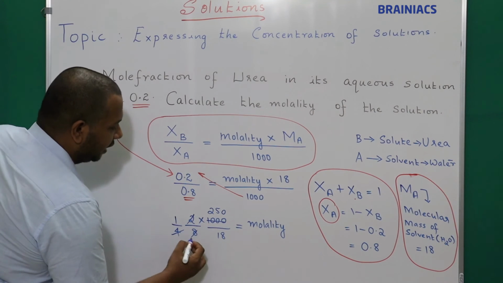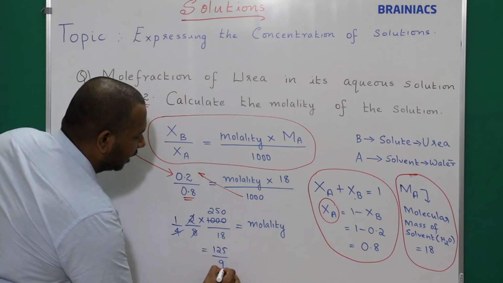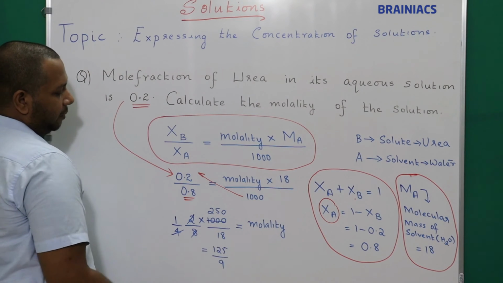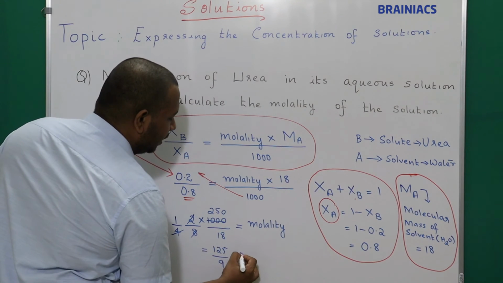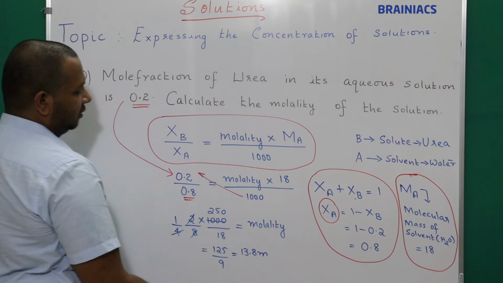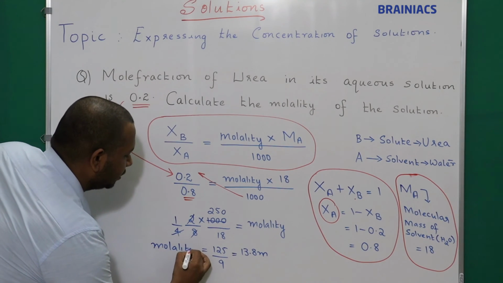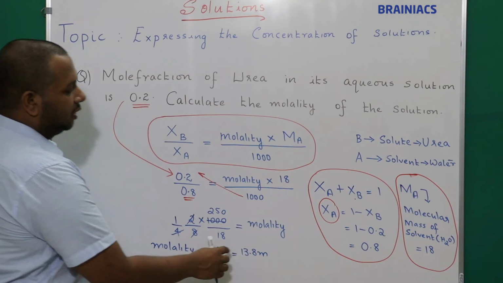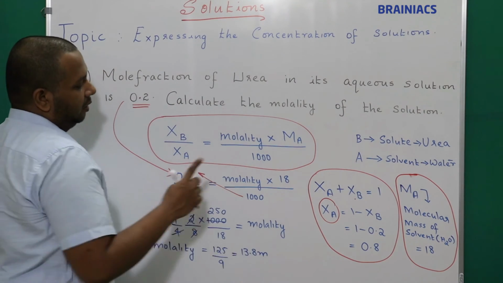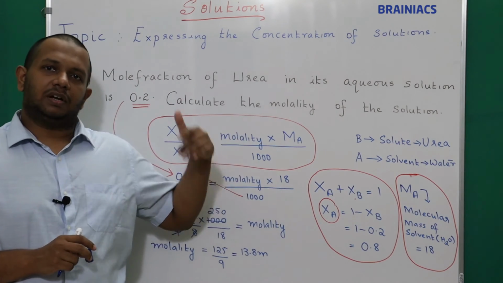Now 250 by 18, cutting by 2, is 125 by 9, which is approximately 13.8 small m. So molality is equal to 13.8 small m. I hope you understood the question. We will do the next question then.